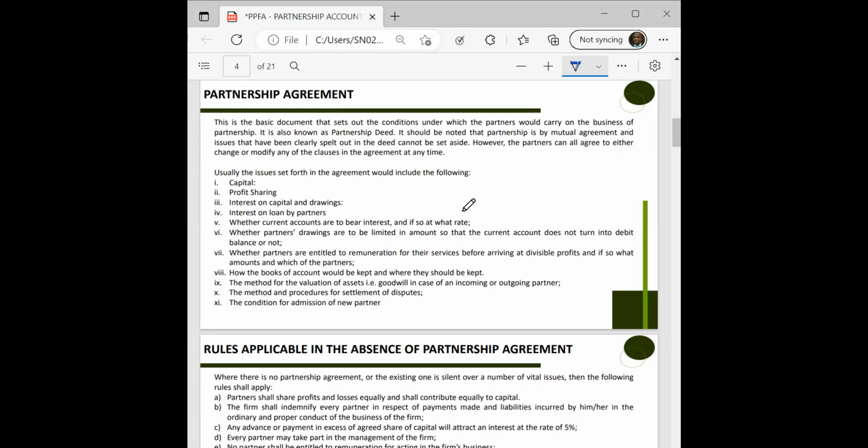So what is a partnership agreement? A partnership agreement is just a basic document that sets out the conditions under which the partners will carry on their business. It's also known as the partnership deed. It's a document where every partner will sign, saying, okay, this is what we agree.